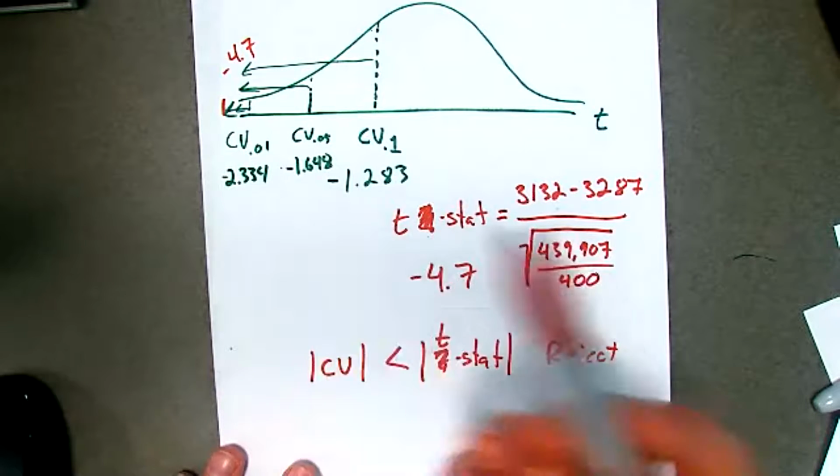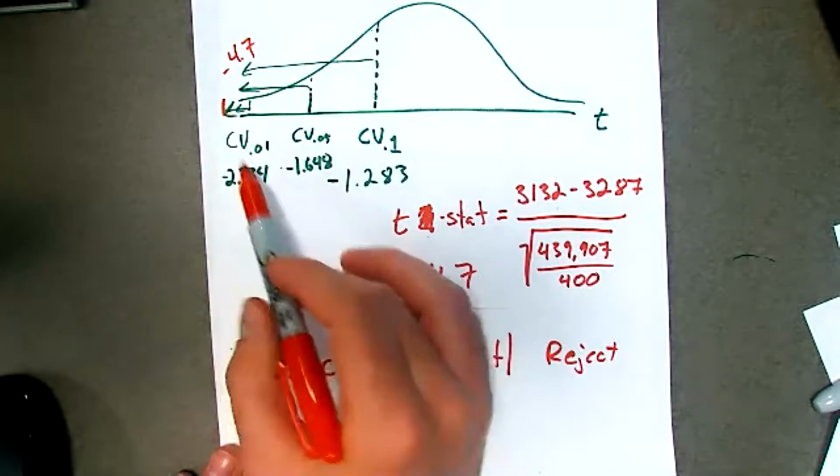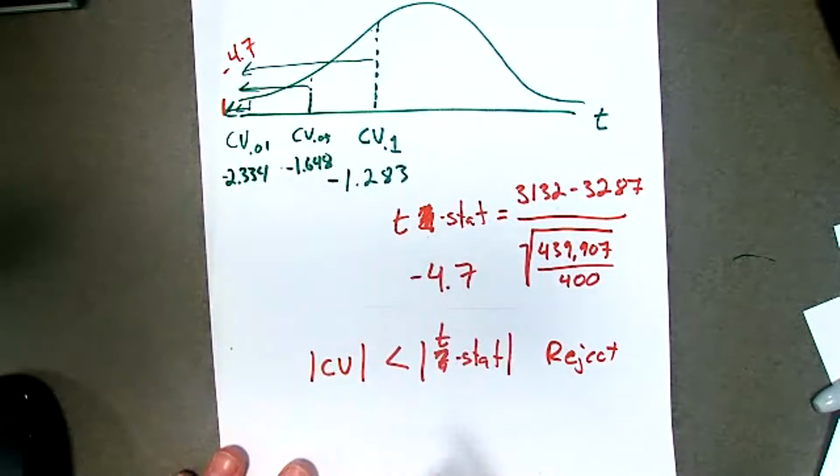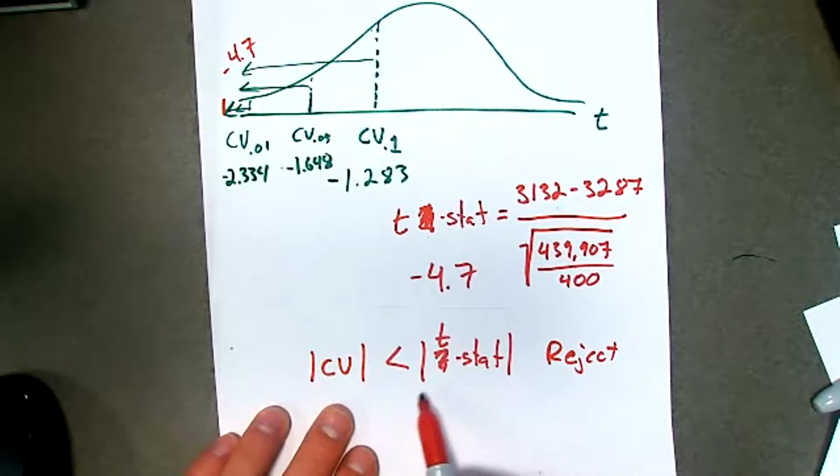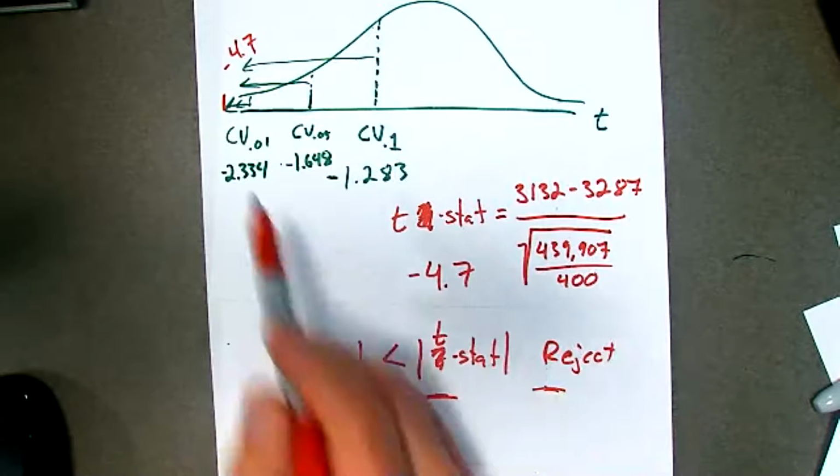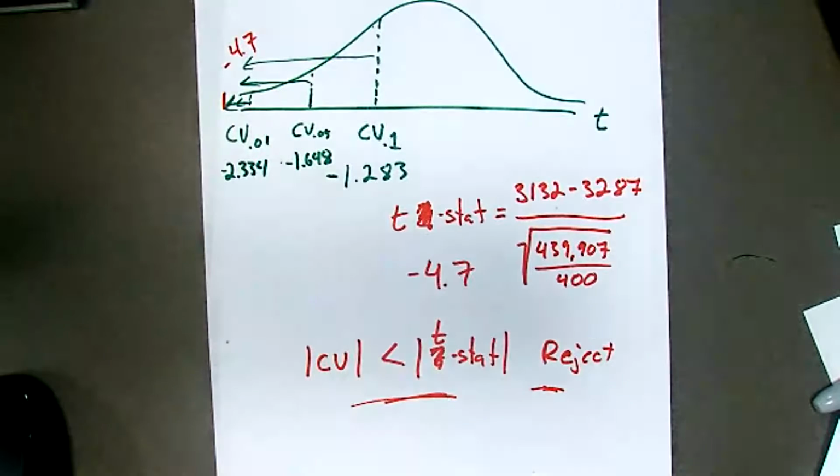So here you can see, negative 4.7 is larger in magnitude than negative 2.33. So when I take those absolute values, this would hold and I'd reject. Or if I have it drawn out and I just plot the points, I can clearly see it's in that rejection region. So that's the only reason I do it, just to have a visual that lines up with what we're doing to make it a little bit easier.